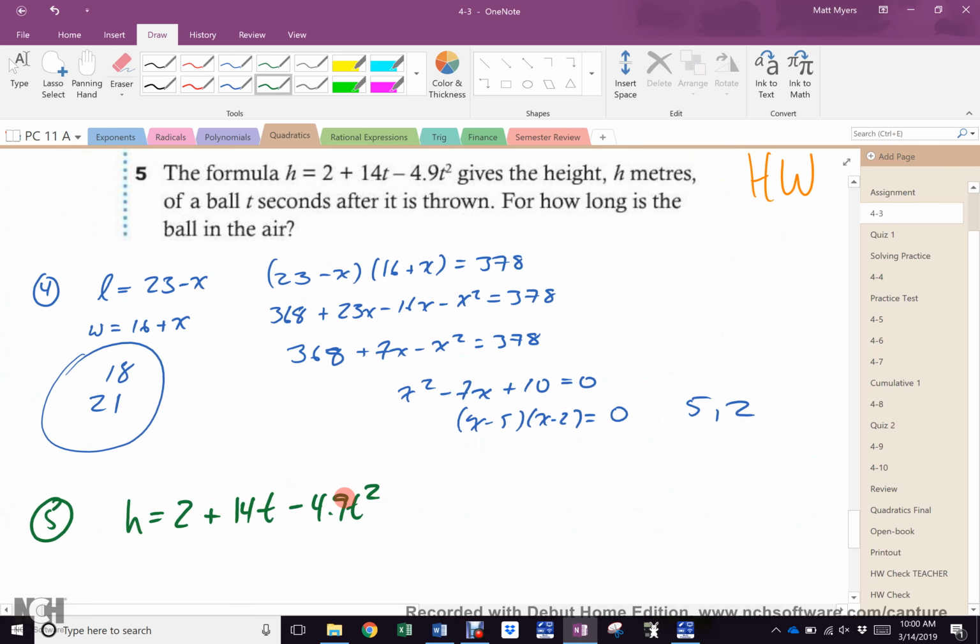So, this question, does this look similar? Do I have some number squared with a coefficient? Yes. Do I have that same variable right there? Does that not look a lot like this?